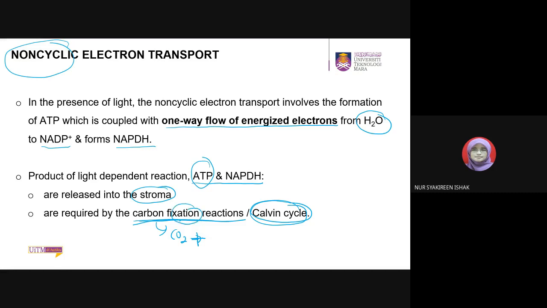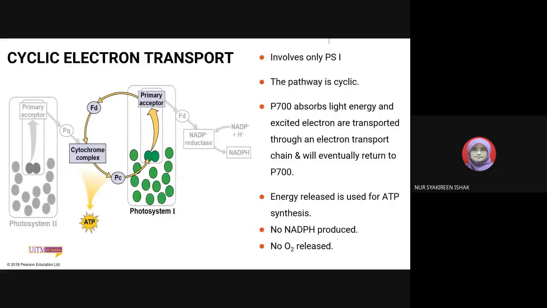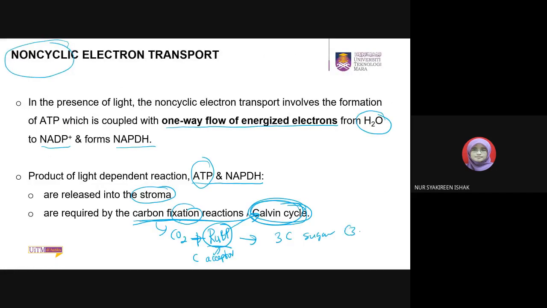Carbon fixation incorporates with RuBP lah. Saya bagi terus, okay, which functions as the carbon dioxide acceptor. Okay, RuBP is the molecule involved in the Calvin cycle process. Okay, so dia akan jadi nanti 3-carbon sugar. Nanti proses, detail prosesnya kita tengok lah. Sekali lagi, so that's why kita panggil juga dia sebagai C3 pathway.